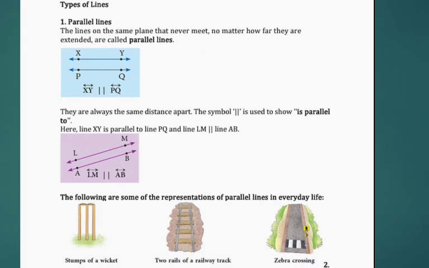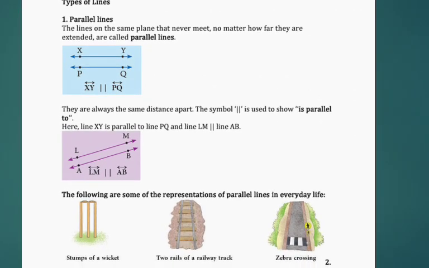Types of lines. What do you mean by parallel lines? If you take any two lines and compare them, we say that these two lines are parallel if they never meet and they lie on the same plane.